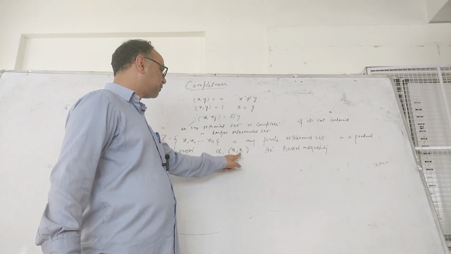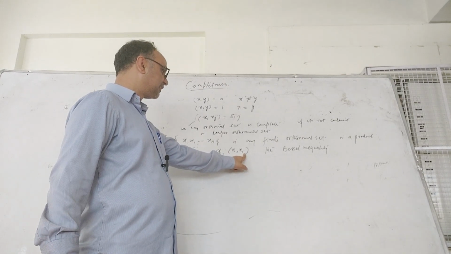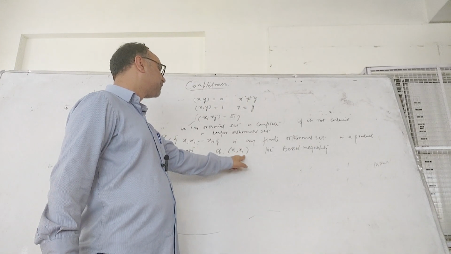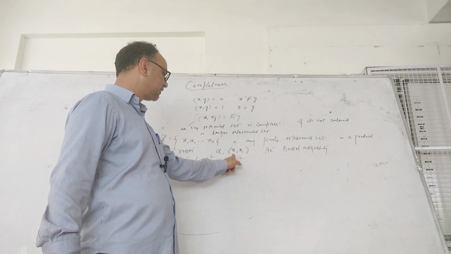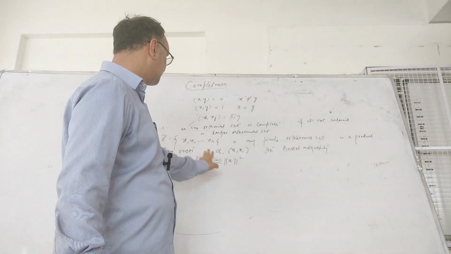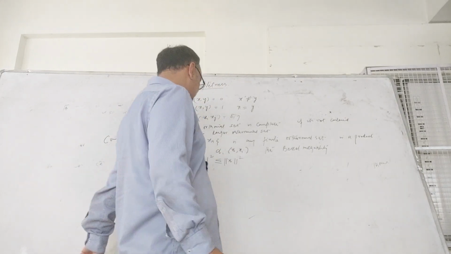The inner product of xi and xj is 0 if i is not equal to j, and if xi is equal to xj, the modulus is x squared. So the sum of the squared scalars is always less than this.